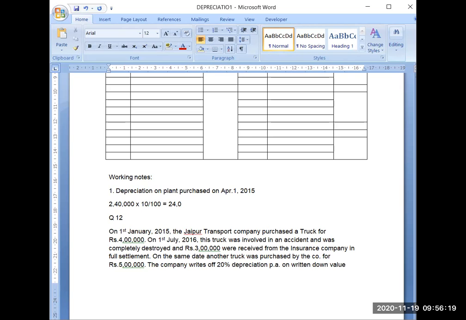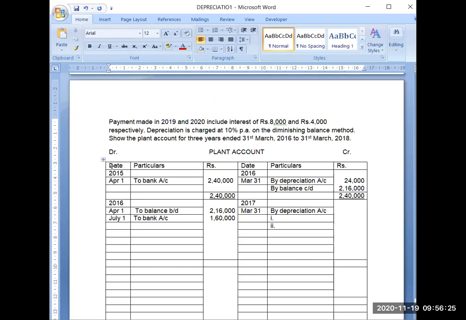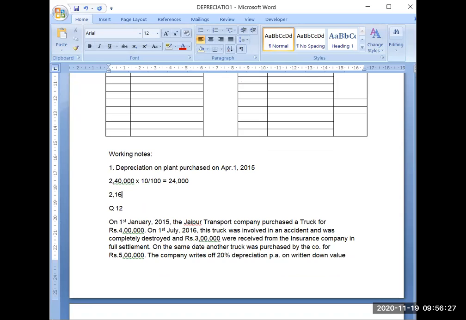It will be 24,000. Then the written down value is 2,16,000 in the next year. 2,16,000 multiplied by 10 upon 100. So it will be 21,600.